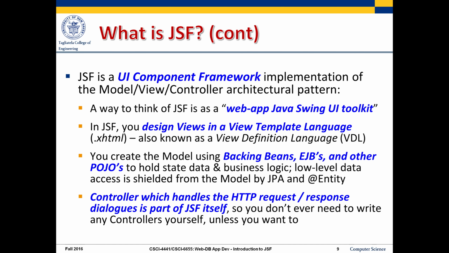So in other words, if they type in something that is a number when letters were expected, and then there's of course in your backing bean a field that corresponds to that, it simply will not be updated until the conversions and validations happen properly. Okay, so what this is doing is it's protecting your model from getting bad data put into it.